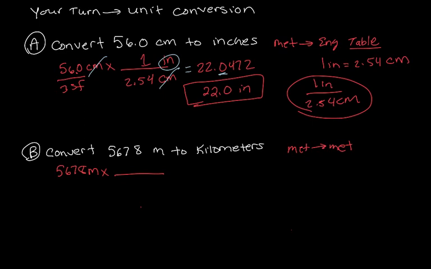Since meters is on the top, meters is going to go on the bottom, and our desired unit of kilometers is going to go on the top. Now let us see how these units relate. So remember, your meter is your base unit, but this time we're going up. So we have deca, then we have hecto, and then we have kilo.